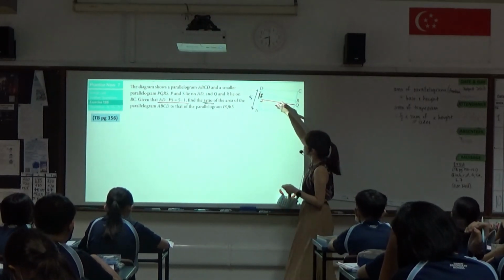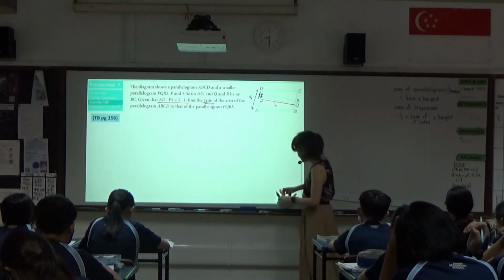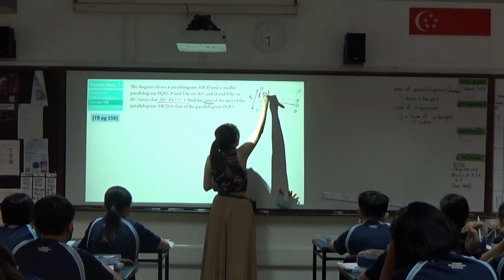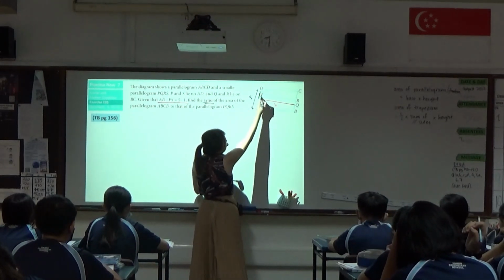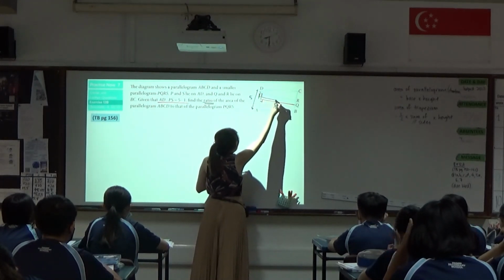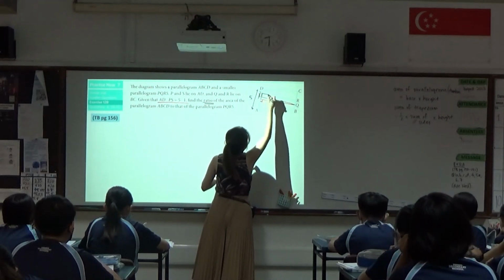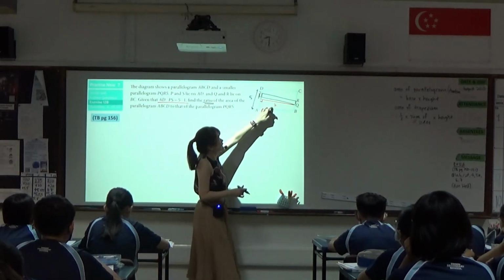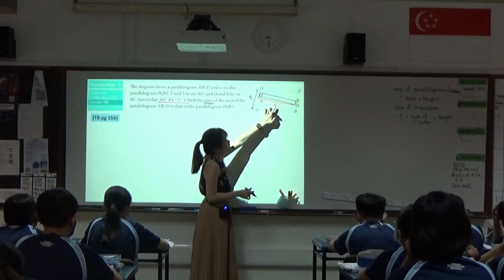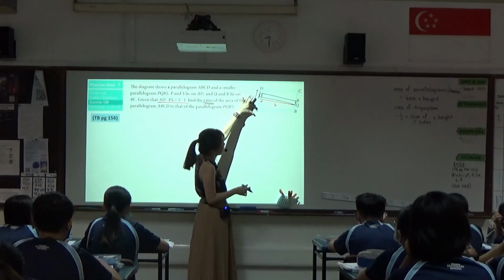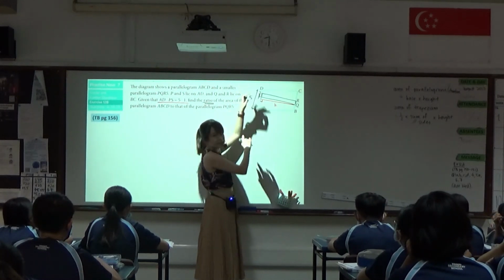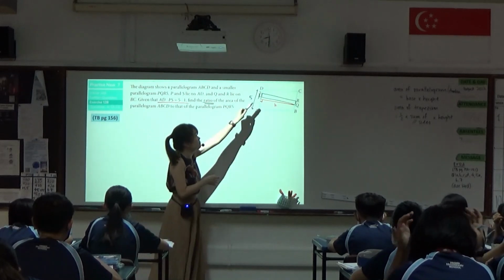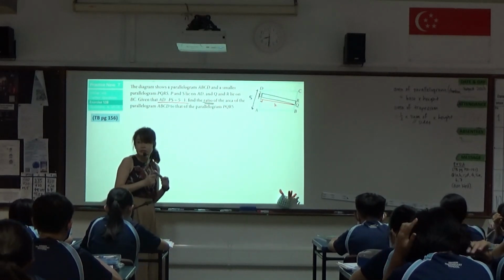If this were to be my height, looking at the smaller parallelogram, this is my base. What I did was I extend it out, such that my height is actually for this base. Likewise, this height is also going to be perpendicular to the base AD as well. You all see it? So both parallelograms have the same height.